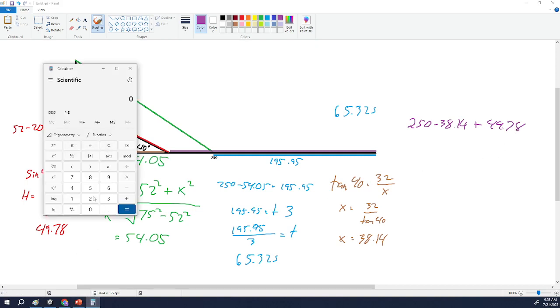We do the math. 250 minus 38.14 plus the slope 49.78. We get 261.64.